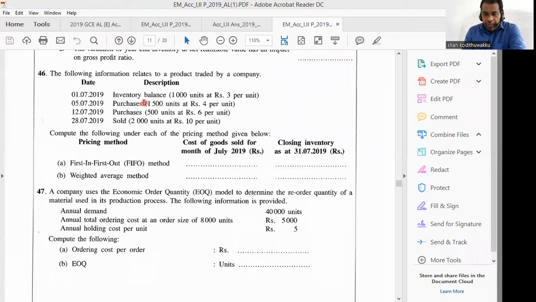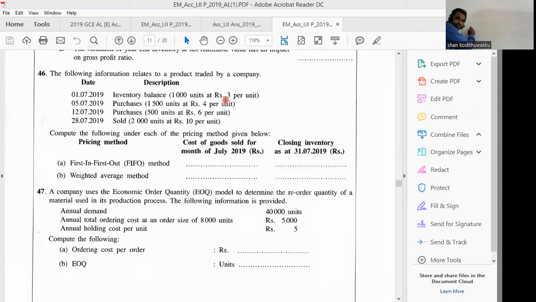That means you have to issue from the oldest stock. What is the meaning of FIFO? You issue stocks from the earliest, what you bought earlier, or from the oldest stock. Then under FIFO you take first from the opening balance. Inventory we have 1,000 units at 3 per unit. But here they have sold 2,000 units. Therefore, you have to take first 1,000 from the opening balance, that is at 3.